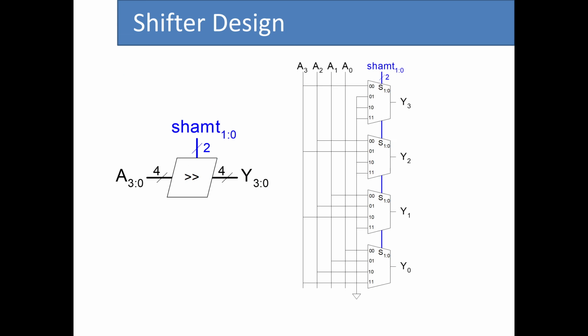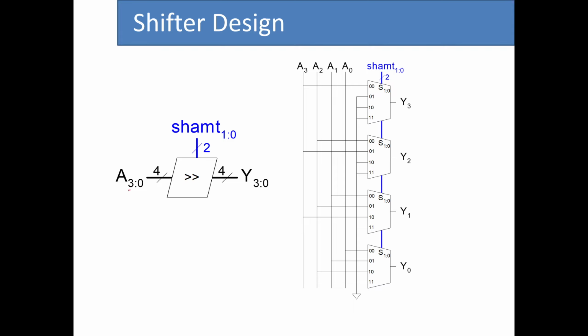So now you might think, how can I implement such a function using the logic components that I have seen before? And the answer to that is by using multiplexers. So the general design of a shifter is something like this. This is an example of a logical right shifter.